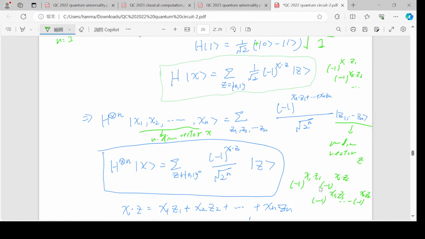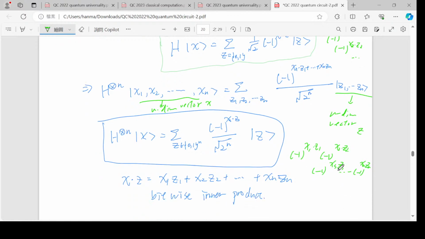It's just a middle school math thing: you can combine everything by adding the exponents together. So minus 1 to the x1 z1 times minus 1 to the x2 z2 is just minus 1 to the x1 z1 plus x2 z2, etc. This is the basic rule that multiplication becomes addition on the exponent. And this is our result.